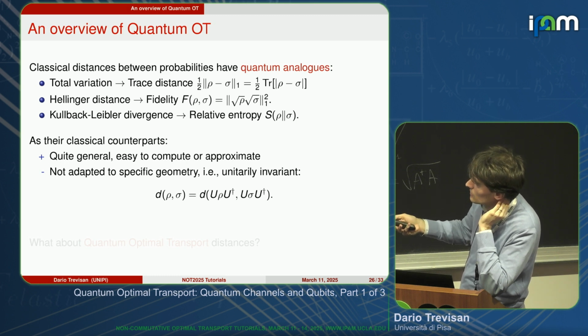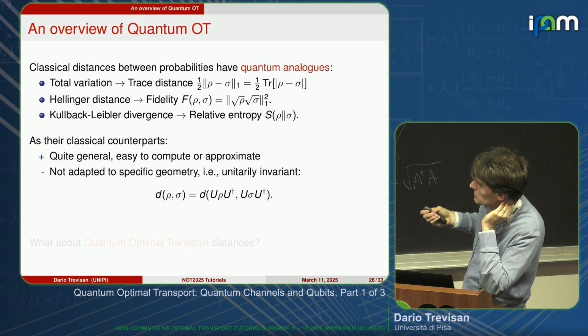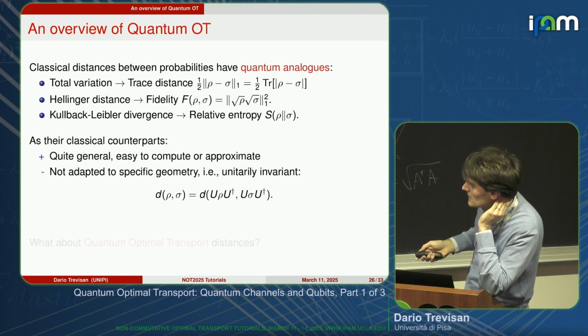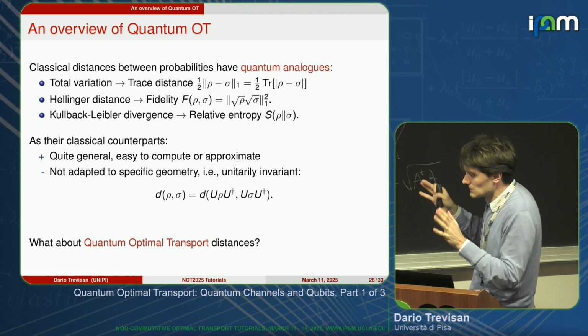The Hellinger distance also will decrease, which means the fidelity will increase, because this is a sort of reverse of minus a distance. Also, the relative entropy will decrease. Maybe this is not S but D, sorry for this notation.